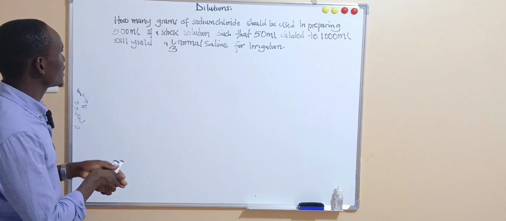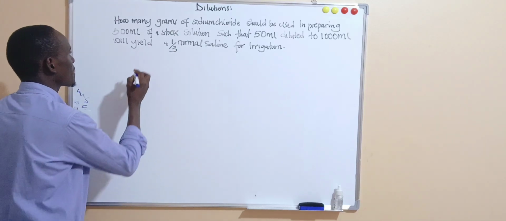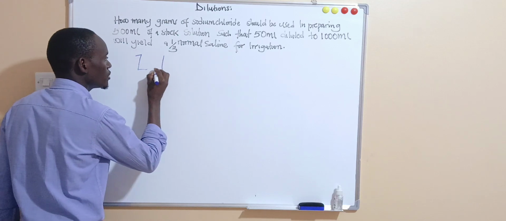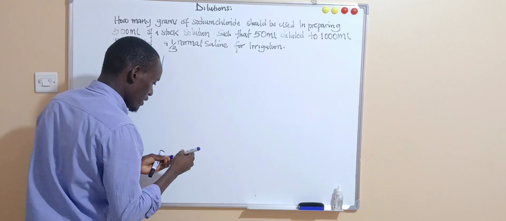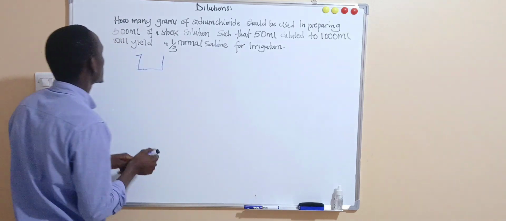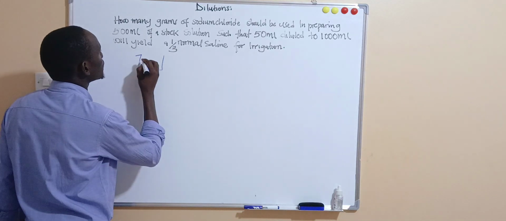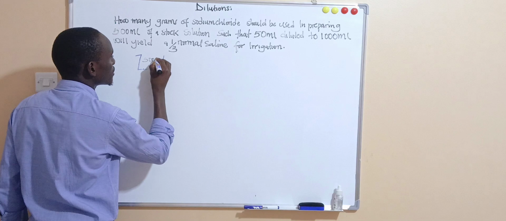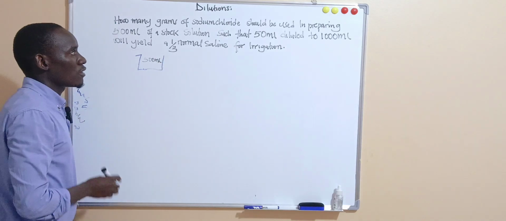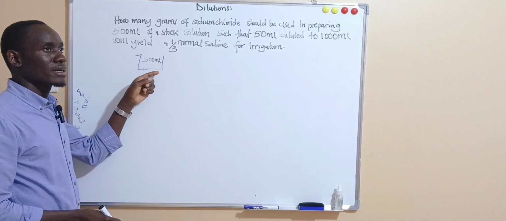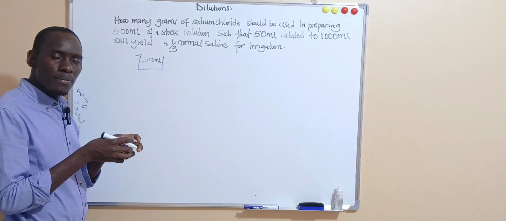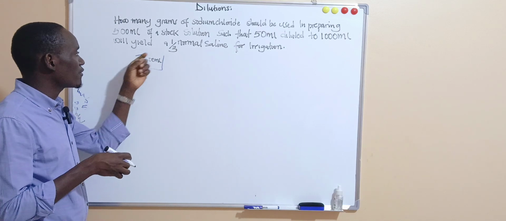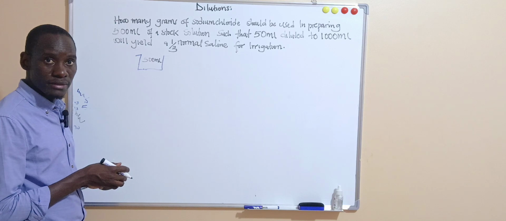Such that, that means that we had a stock concentration of 500 mils of sodium chloride, but we didn't know how much sodium chloride was in this 500 mils.